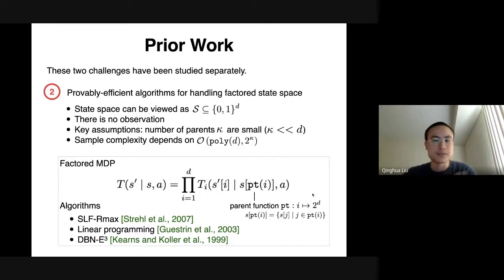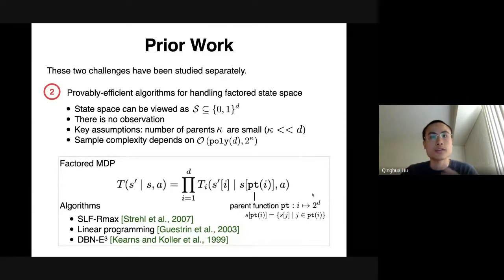In factored MDPs, there is one common assumption, which says each factor has a relatively small number of parent factors, and the transition dynamics of each factor are determined by the value of its parent factors and the current action. The reason for making this assumption is that, in general, the sample complexity for learning an arbitrary factored MDP would be 2^D.